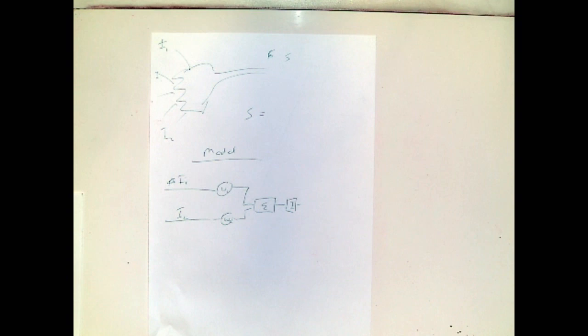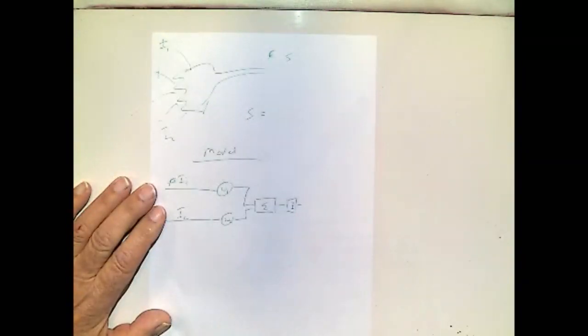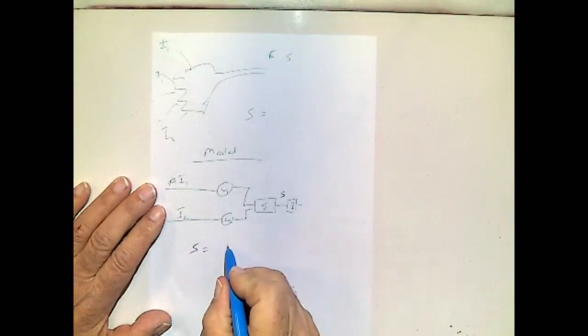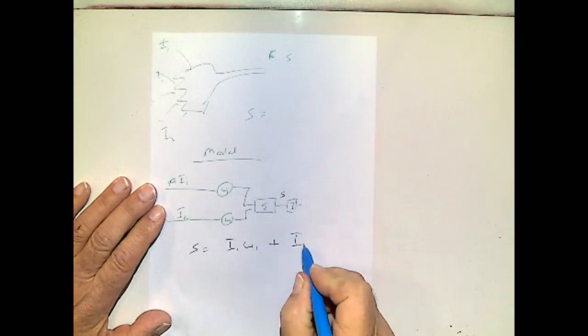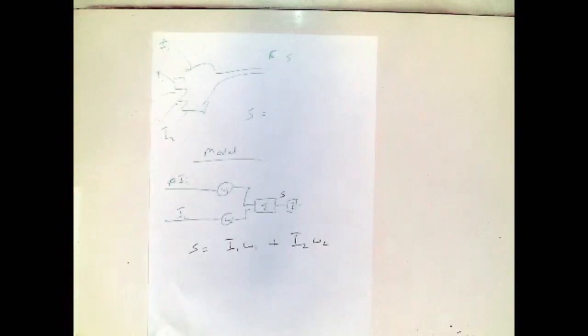And so what we are calculating here, this point, let's call this S. S is going to be equal to I1 times W1 plus I2 times W2, and that's just the sum of product pairs. But you guys have got a bit of mathematical knowledge. You will immediately recognize that as a mathematical operation. It is a scalar product of two vectors.